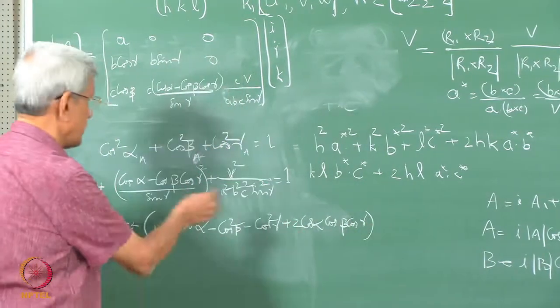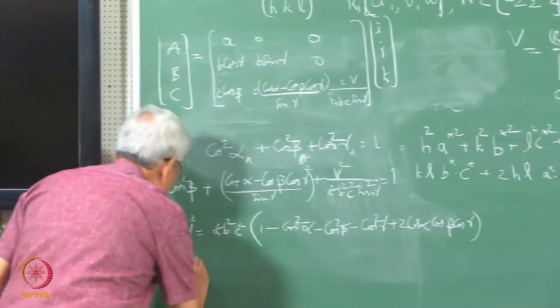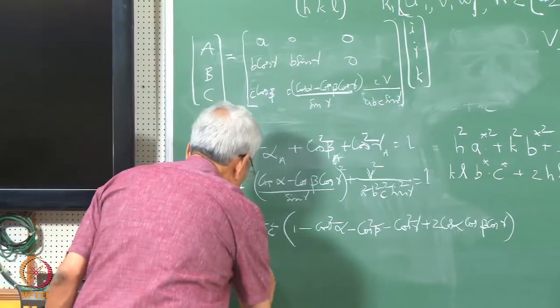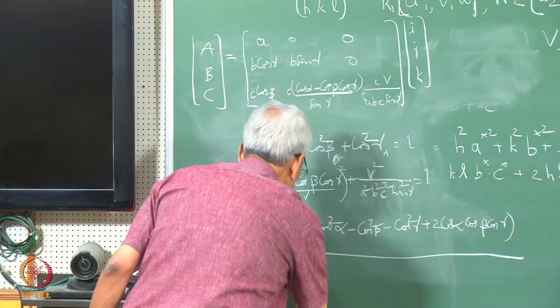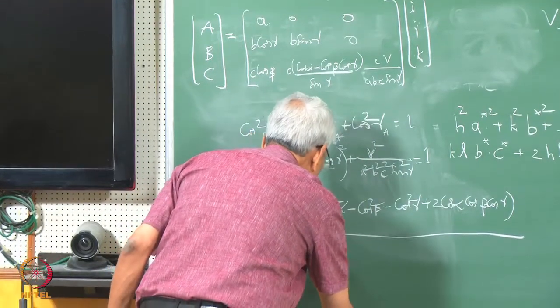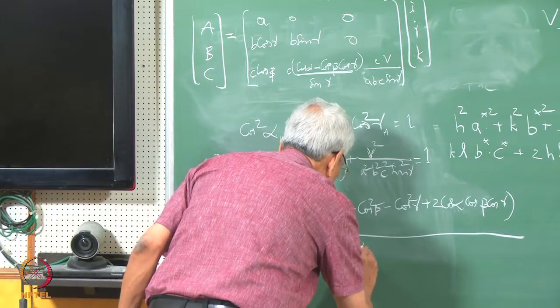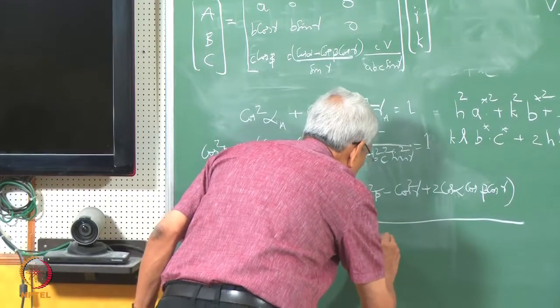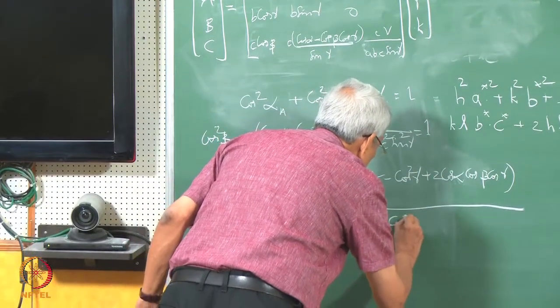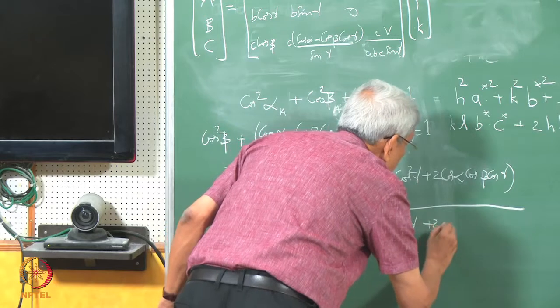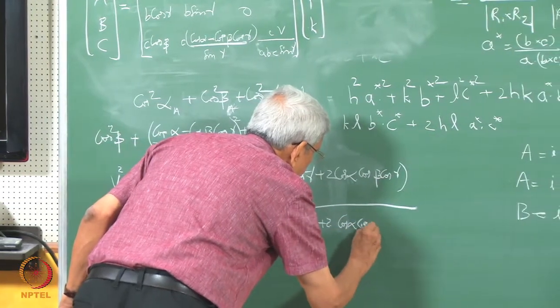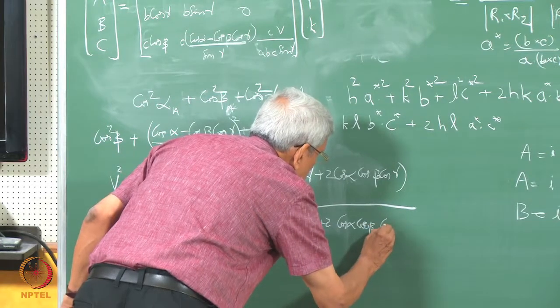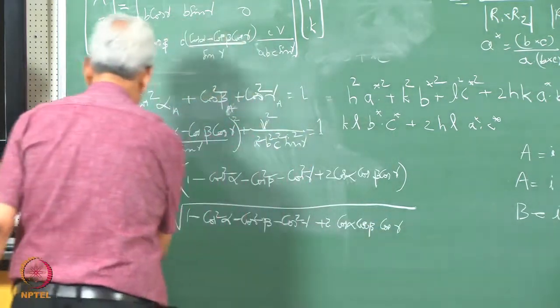So from this we find that V equals abc into the root of this term, 1 minus cos squared alpha minus cos squared beta and so on.